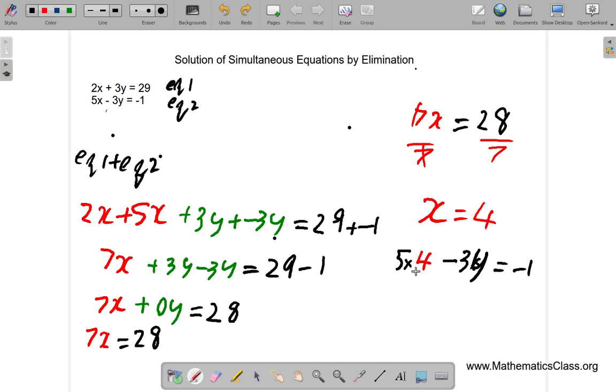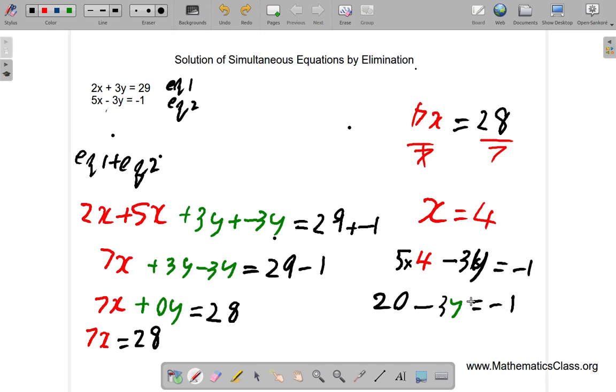Now 5 4s are 20. So what we have here is 20 minus 3 times y. I want my y in green. Minus 3y equals negative 1.